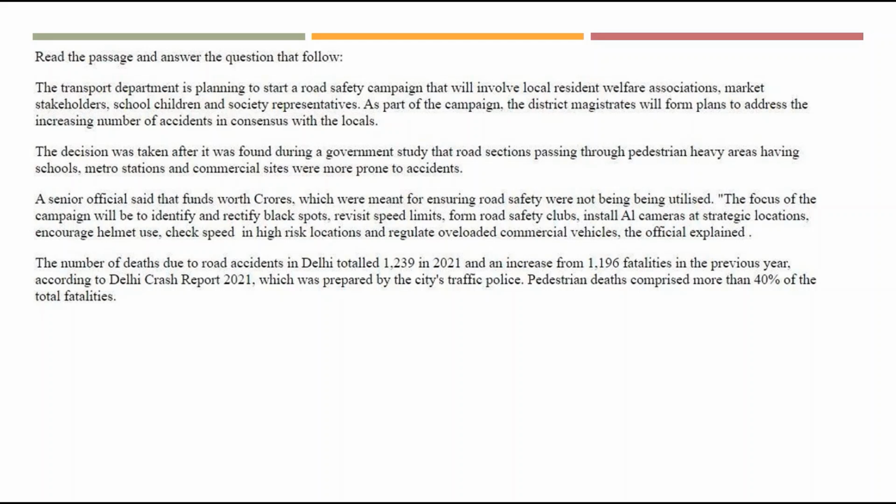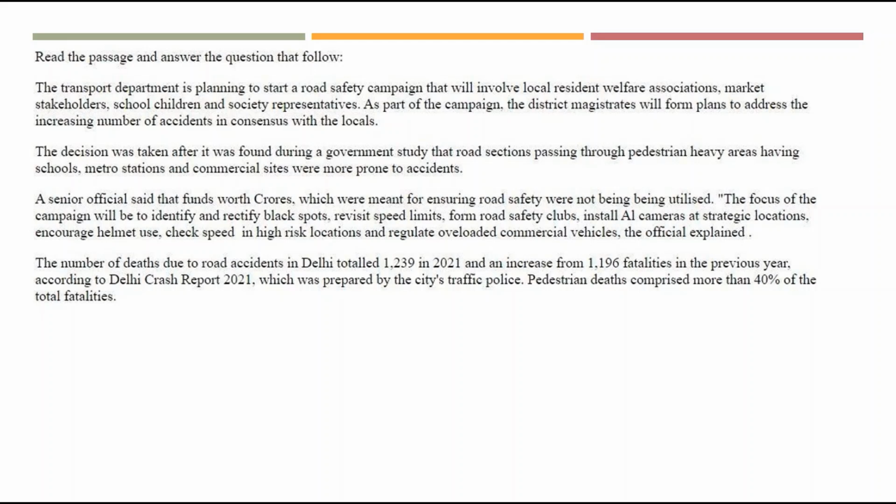The decision was taken after it was found during a government study that road sections passing through pedestrian heavy areas. A person who walks will be called as pedestrian. Having schools, metro stations and commercial sites were more prone to accidents. A senior official said that funds worth crores which were meant for ensuring road safety were not being utilized.